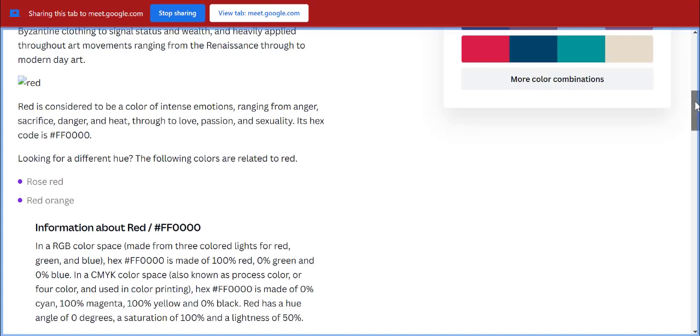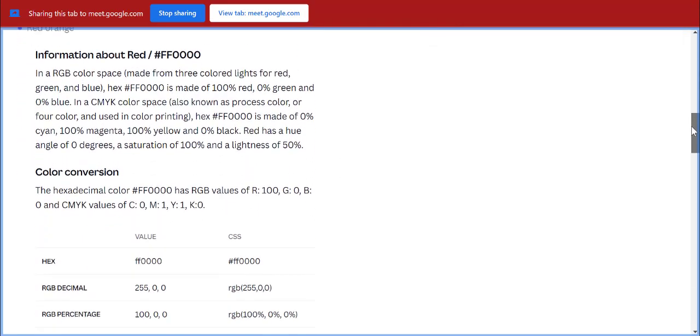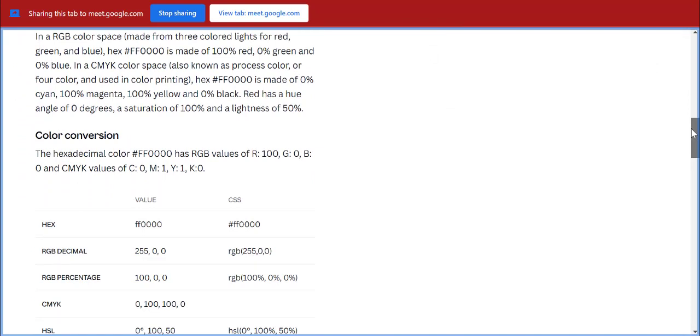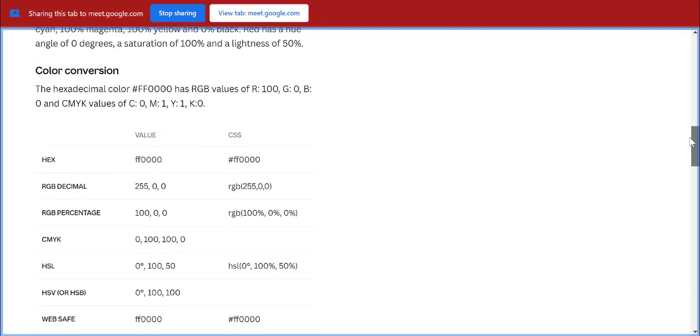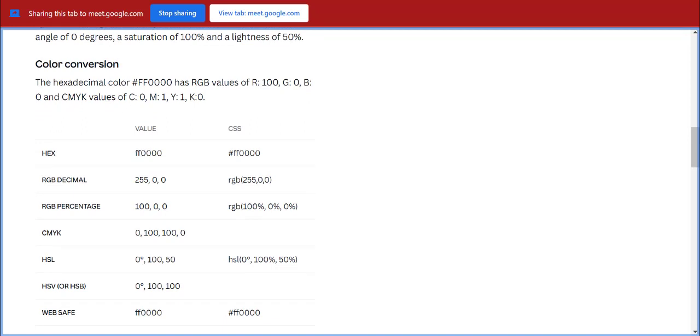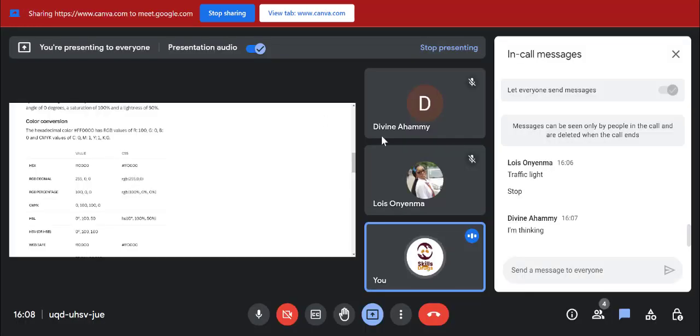Okay, so still on red. Aside from the hexadecimal color, we also have the RGB and CMYK values. I'm going to ask this question now because I said it yesterday. Lois, what's the meaning of RGB? What does RGB stand for? While Lois is typing, Divine, what's the meaning of CMYK?